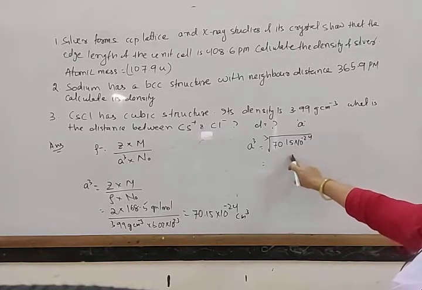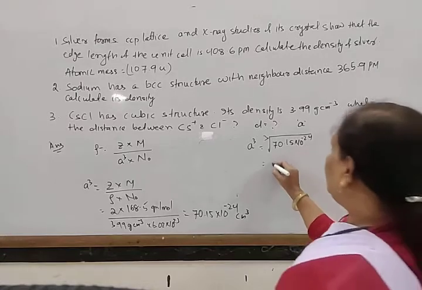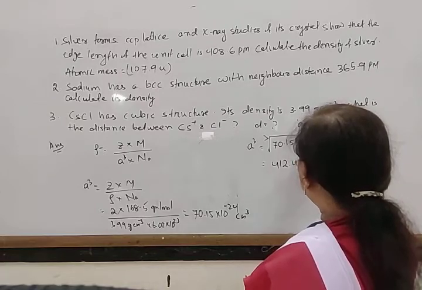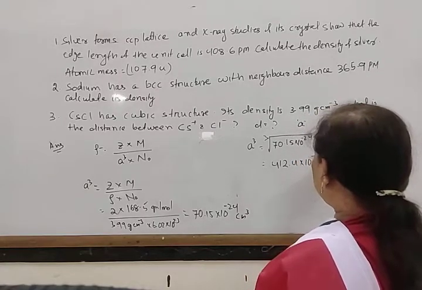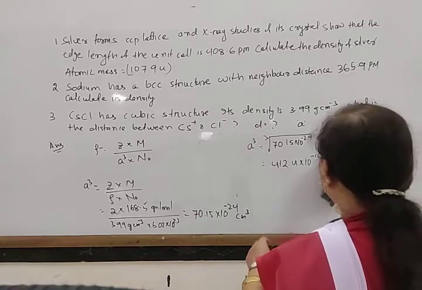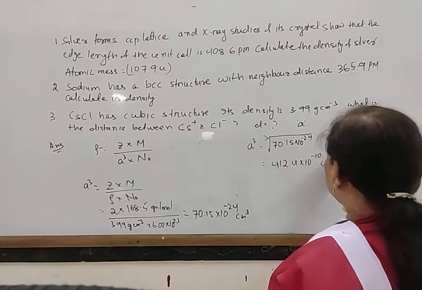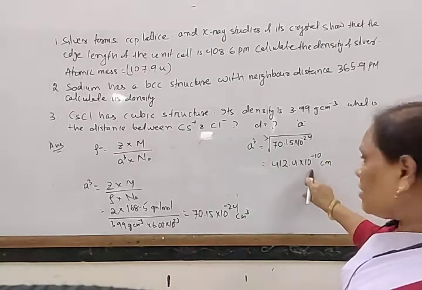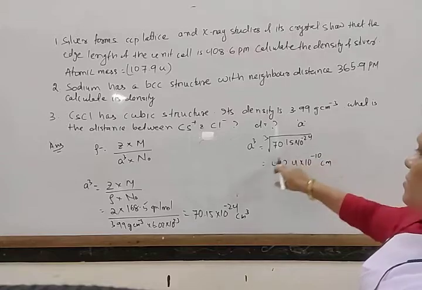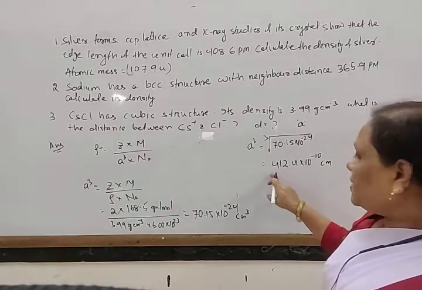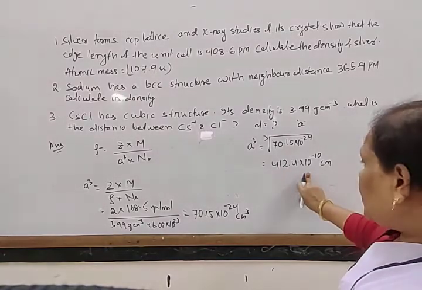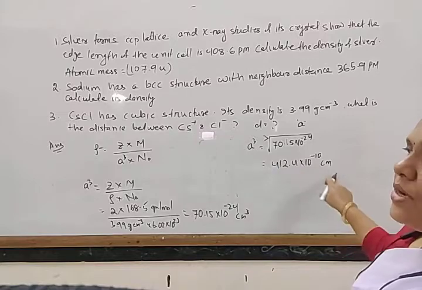That is equal to 412.4 into 10 to the power minus 10 cm, that is 412.4 picometer. This value is calculated through the calculator. So A equal to this much.